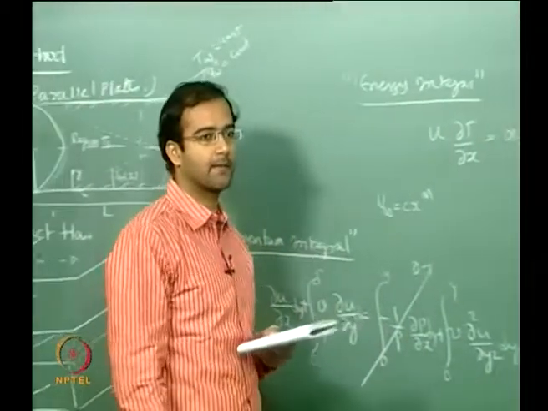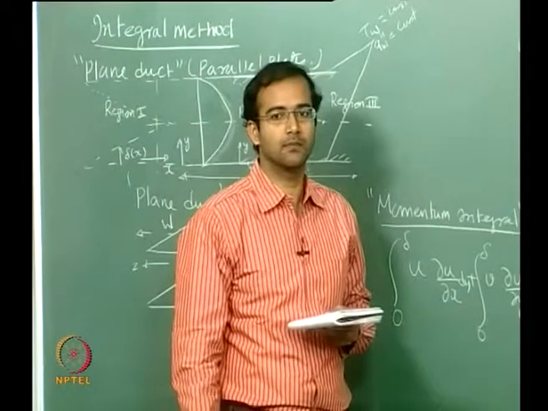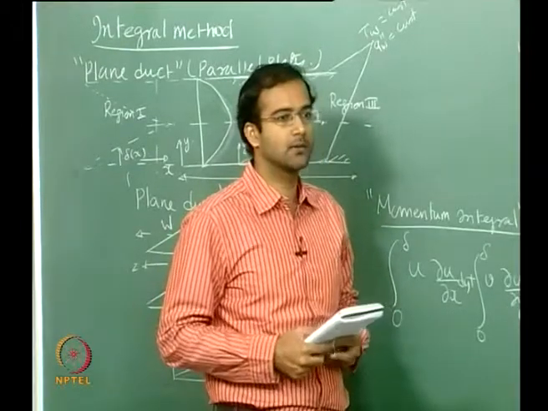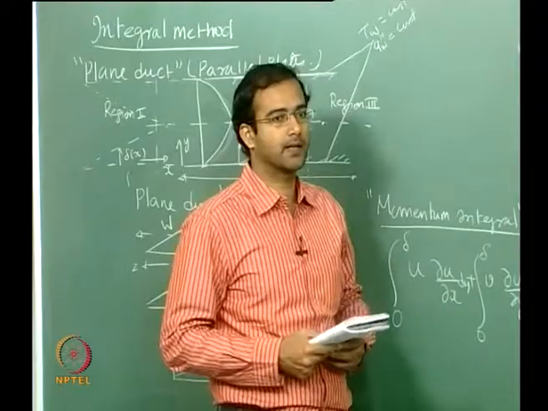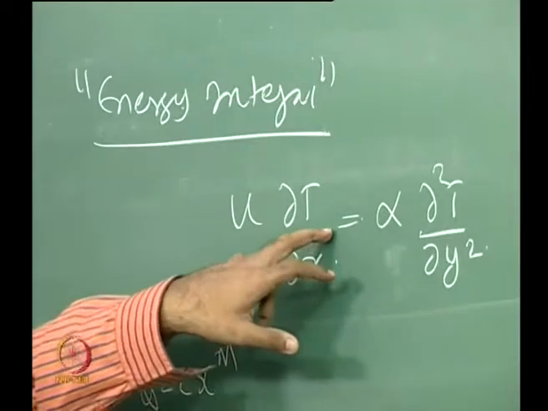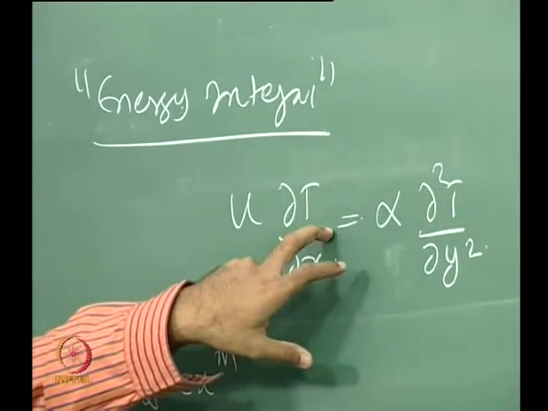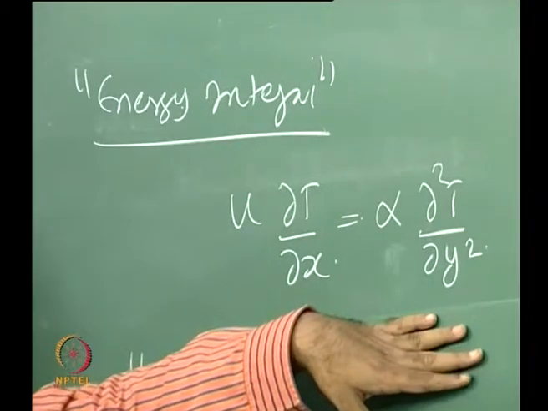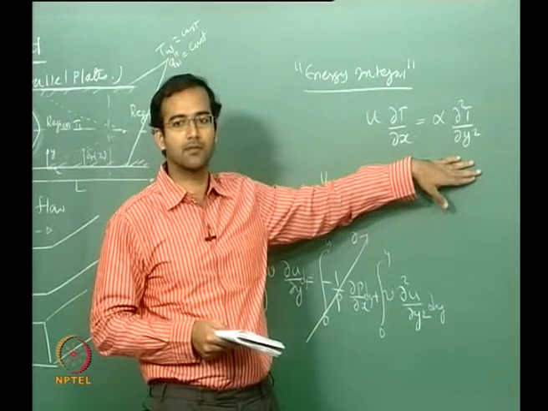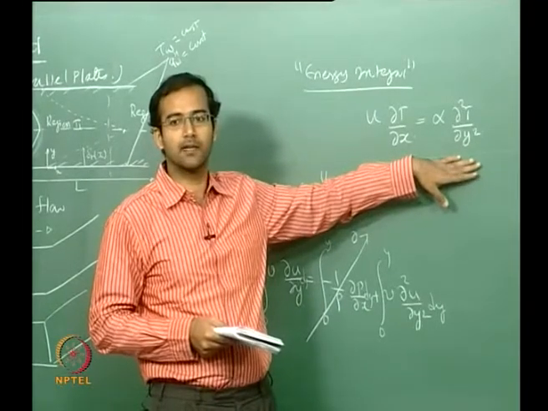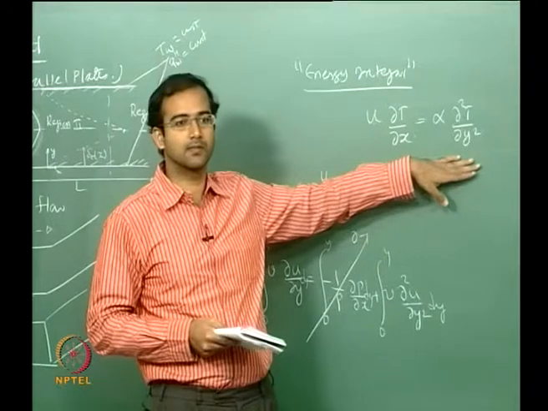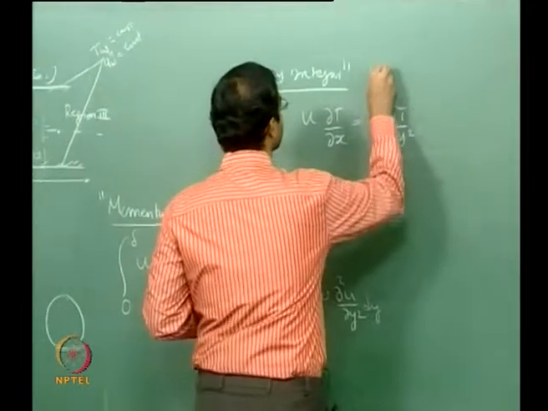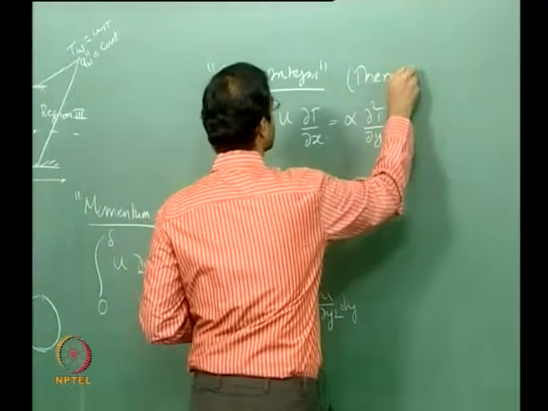We are neglecting the axial conduction term in comparison to the radial conduction, and also we are neglecting of course the radial velocities here. These are some approximations with which we are writing the energy equation. We wrote this for the case where we have a thermally developing region, so this is the energy equation for the thermally developing region or thermal entry length region.